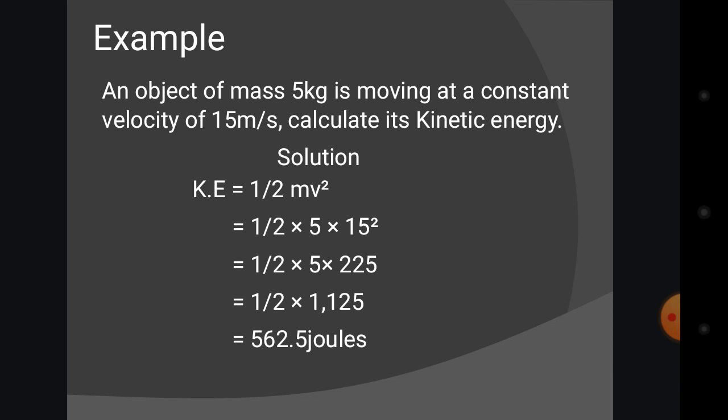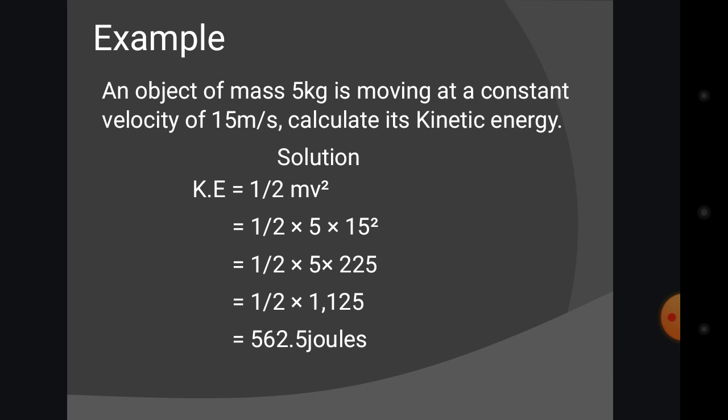If you know our formula for finding kinetic energy, we may be able to solve this problem. So the kinetic energy, that is KE, is equal to 1 over 2 mv squared. What is our mass? Our mass is 5 kilogram, and what is our v? Our v is the velocity, that is 15 meter per second.